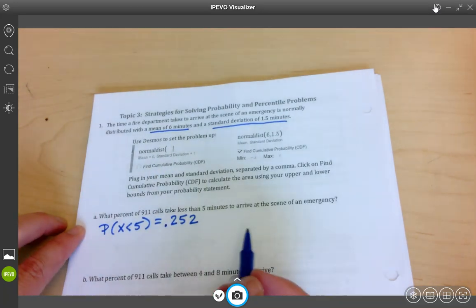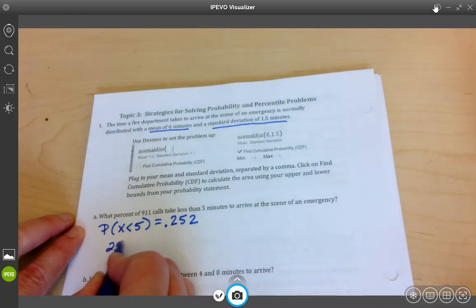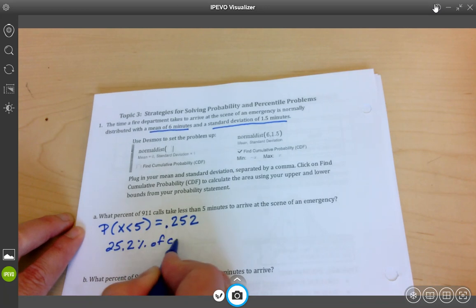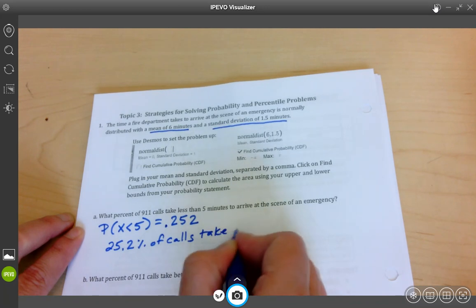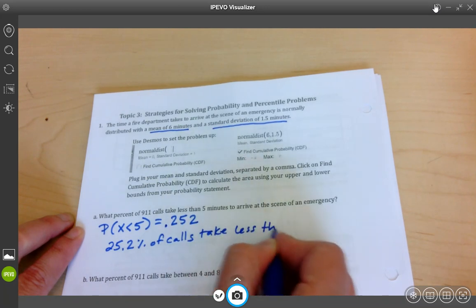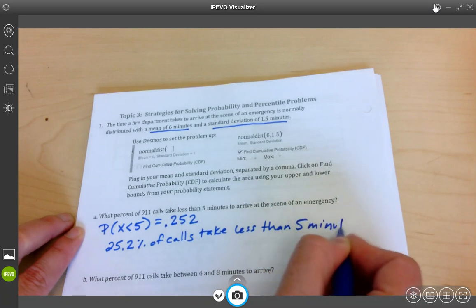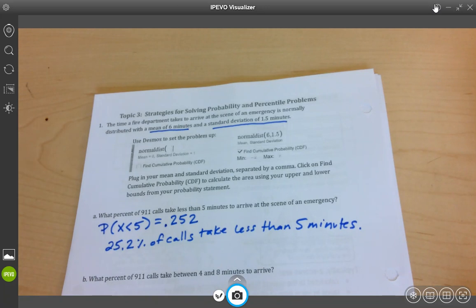So the percent of calls would be 25.2%. Okay, so 25.2% of calls take less than 5 minutes.